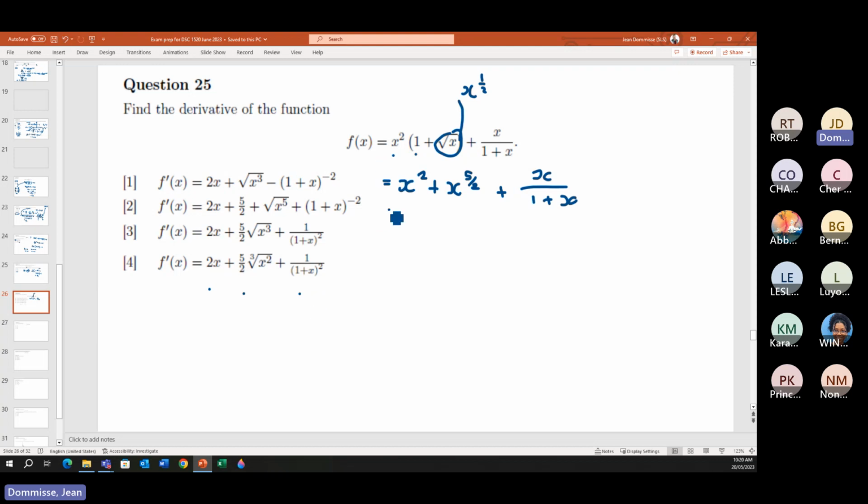So differentiate the first one. It will be 2x. Okay, so 2x, 2x, 2x, 2x. So I could not eliminate anything yet. Okay, the next one, bring that forward: 5/2. Then it's x. What is left?